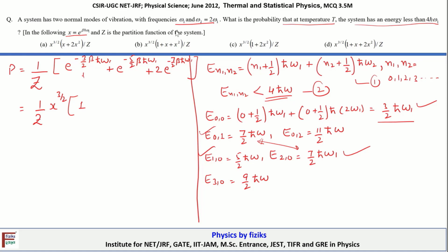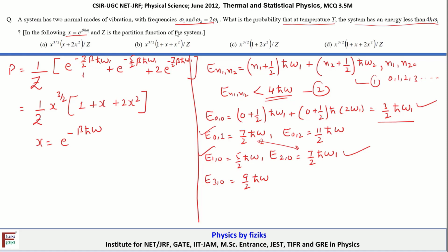So 1 plus x, and then plus 2 times x squared. Here we have made use of the fact that x is equal to exponential minus βħω.